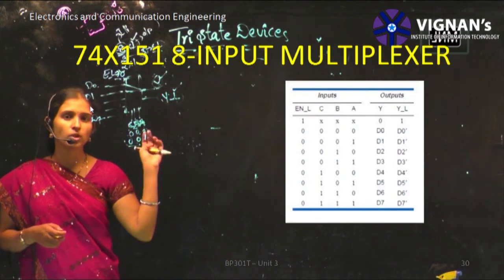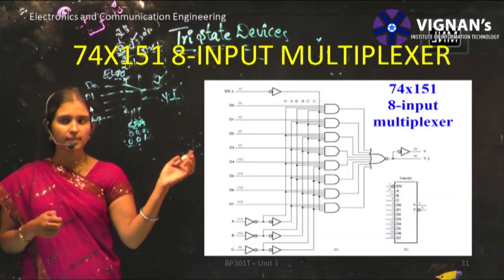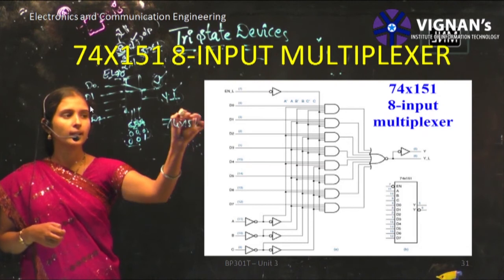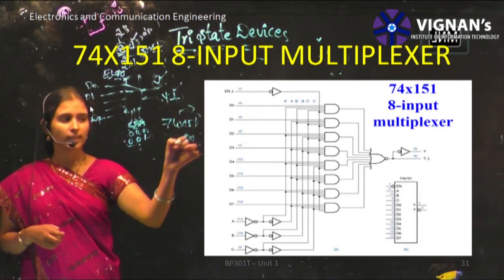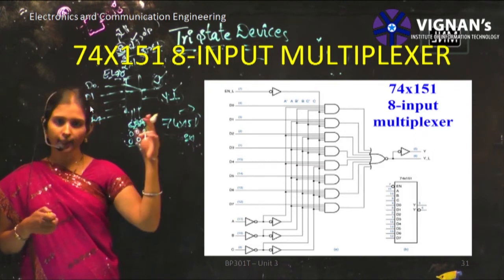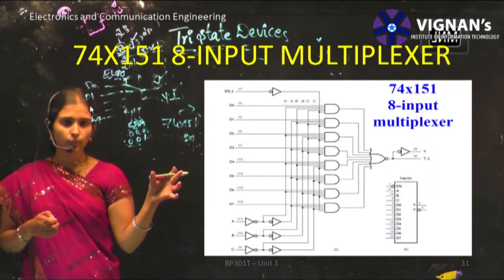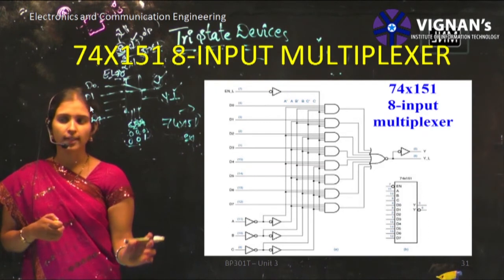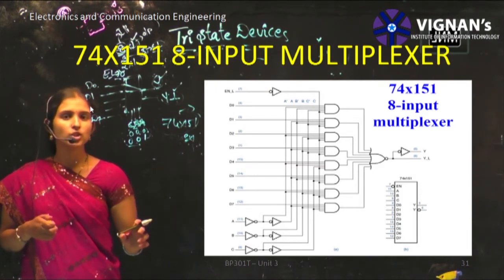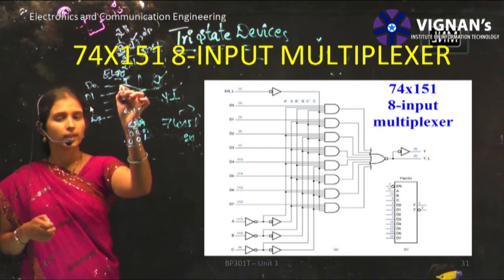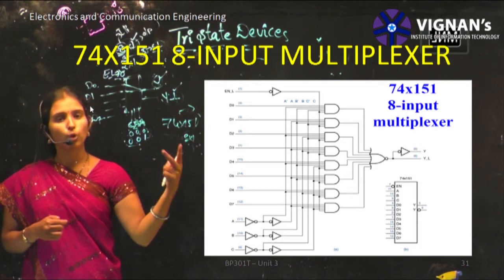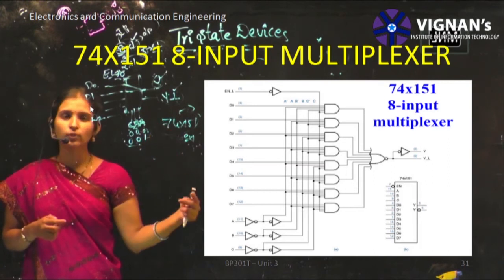See here, 74151 is your 8 to 1 multiplexer. There you can see the enable input, the 8 inputs, and the selection lines A, B, C. Depending upon your selection lines, one of your inputs will be accessed by the output. There you have both active high as well as active low output.